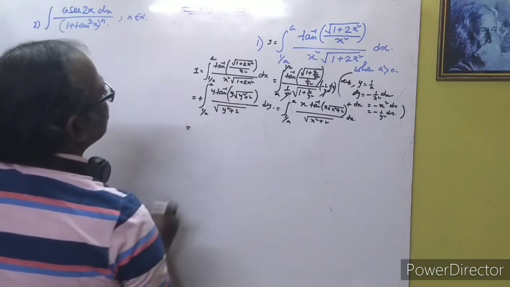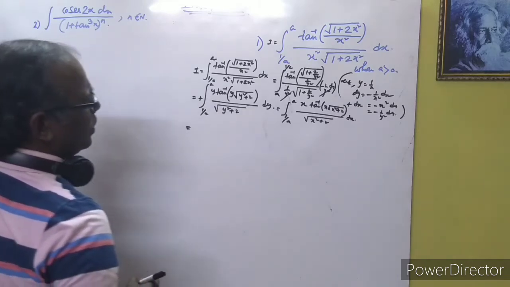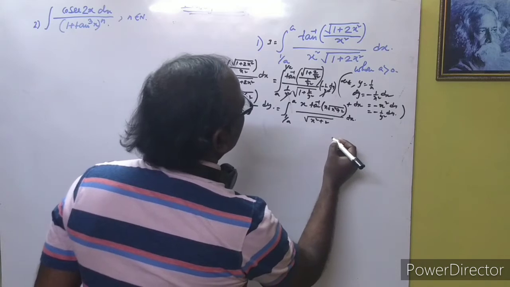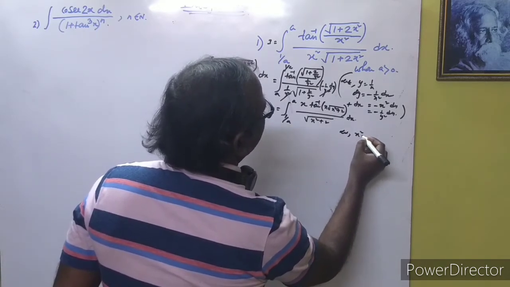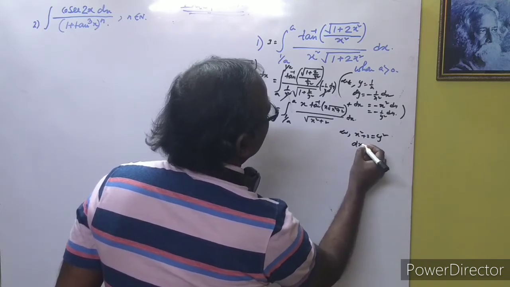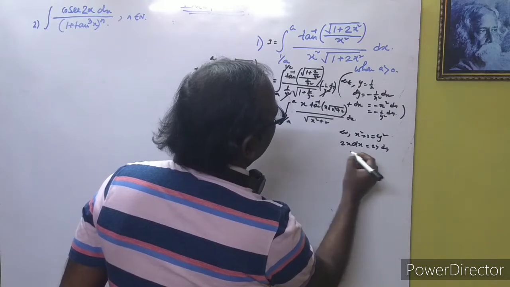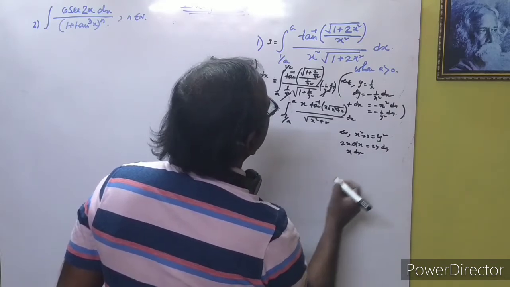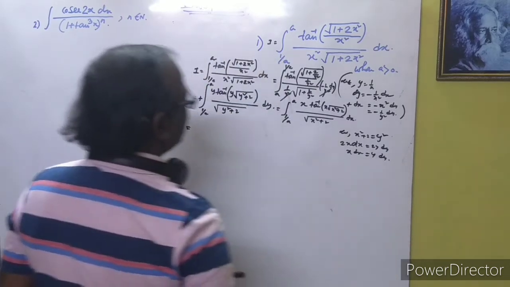And this is equal to, okay, let us assume like let x square plus 2 as y square. So 2x dx is 2y dy. So x dx is y dy.